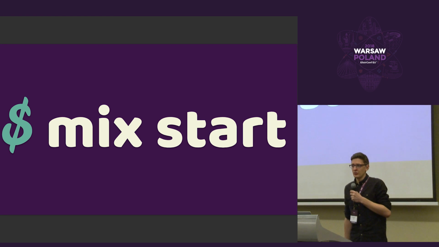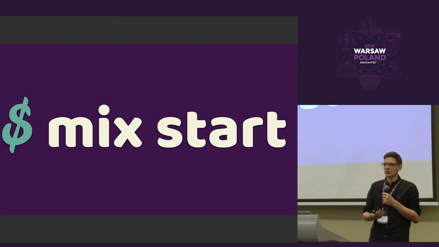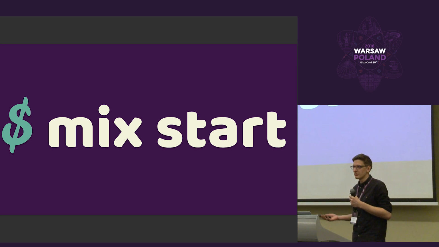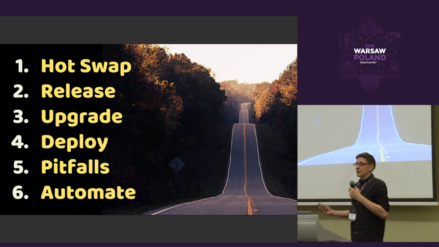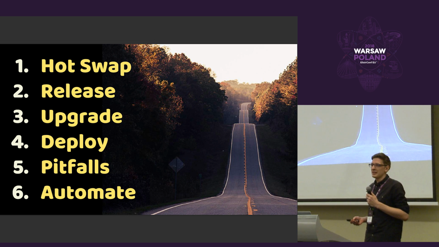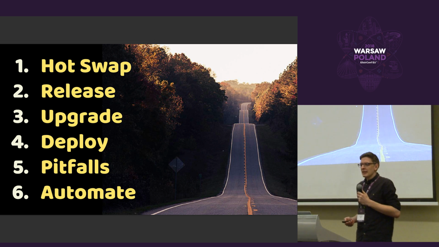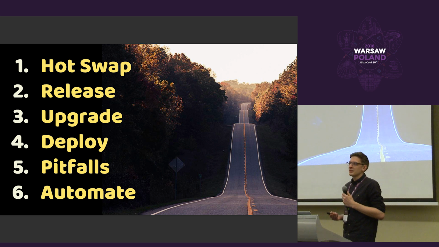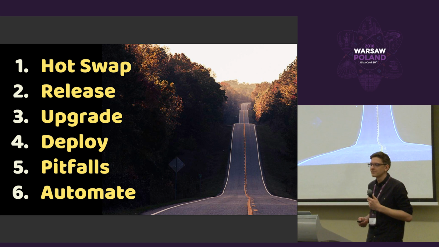Then we're going to look at ways to ship your release from wherever you built it to your servers and start it there. Then we're going to talk about some of the things that can go wrong and how you might deal with that. And lastly, we're going to look at ways to automate the whole process and see what's out there.